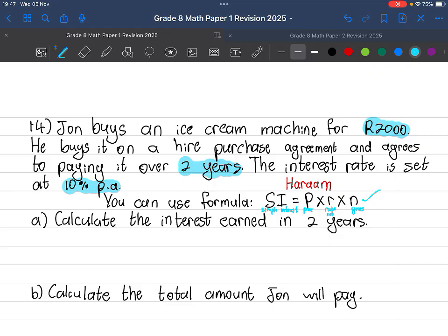So calculate the interest earned. So that is just the simple interest earned, which is SI. So all you're going to go ahead and do is write the formula P times R times N. The price of this item is 2000 Rand times the interest rate of 10% times the number of years, which is 2 years.